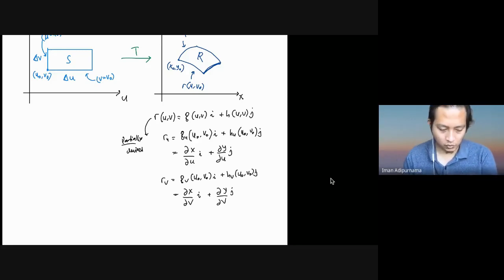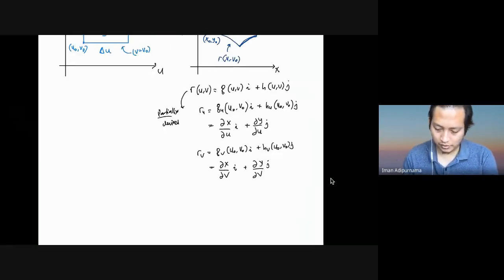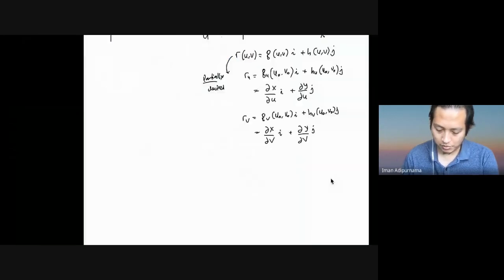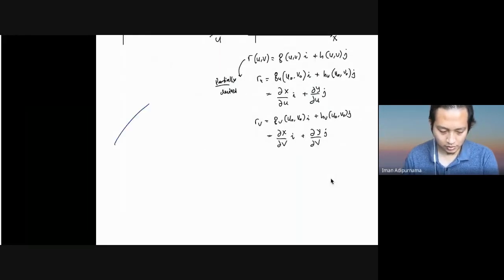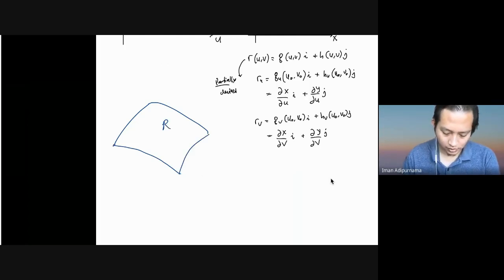And then we can approximate, if I take this R bigger, maybe here. This is R, so this is R of u0, v0, the vector function. And here is R of u0 and v0 plus delta v.